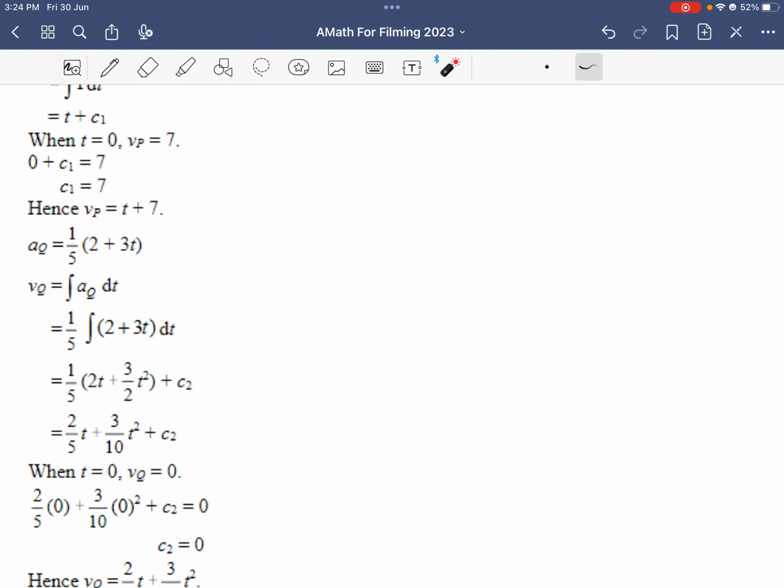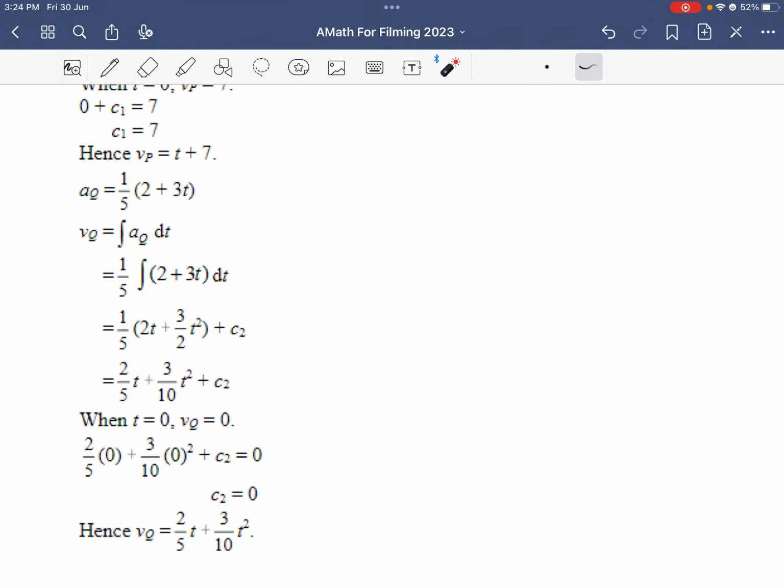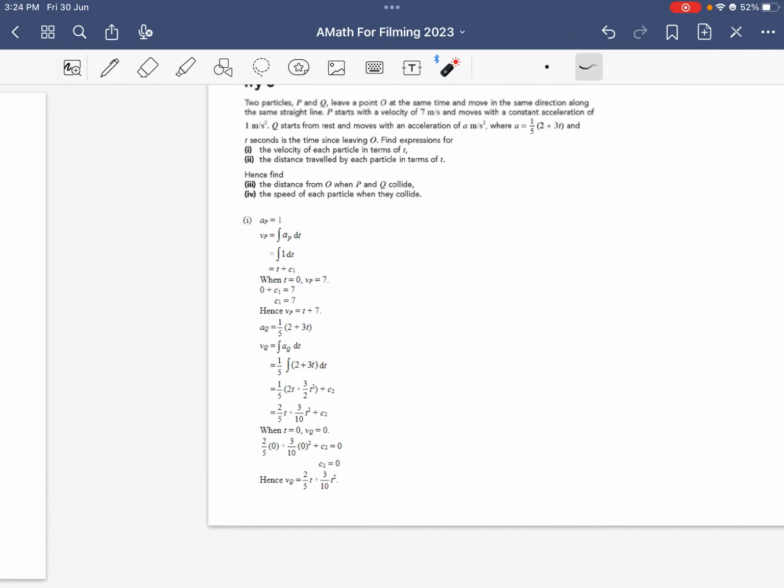Now if I integrate the velocity of Q, what I'll get is 250 + 3/10 t² + c2. As I explained earlier, when t equals 0, the velocity of Q is 0, so c2 gives you the value of 0. Hence the velocity of Q is 250 + 3/10 t².